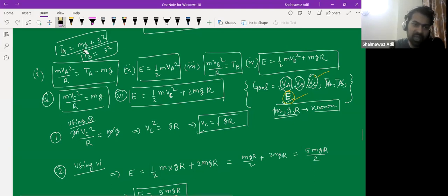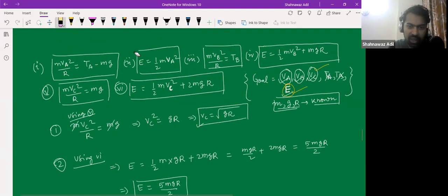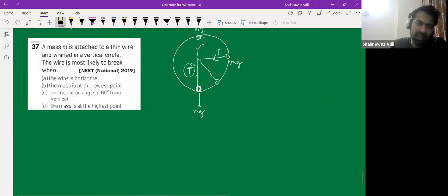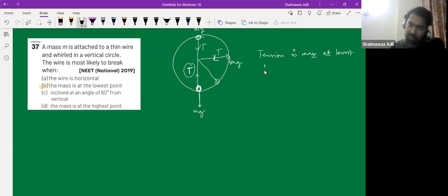So from here we can tell that tension is maximum at the lowest point, right? So we can directly say that the mass is at the lowest point when the tension is maximum, and that is the point where the wire will most likely break.